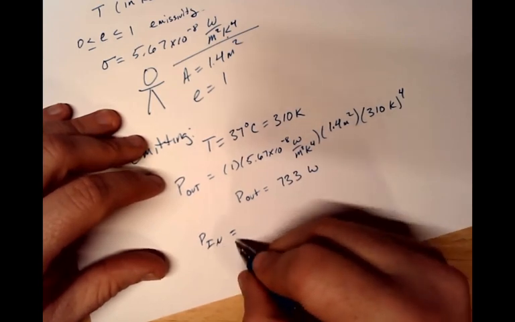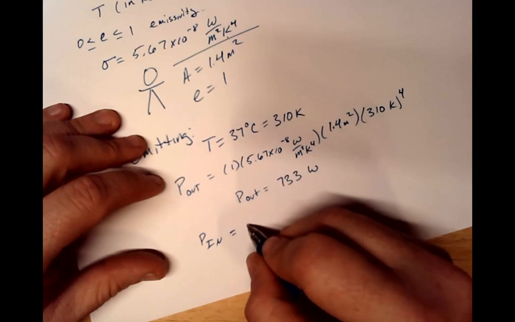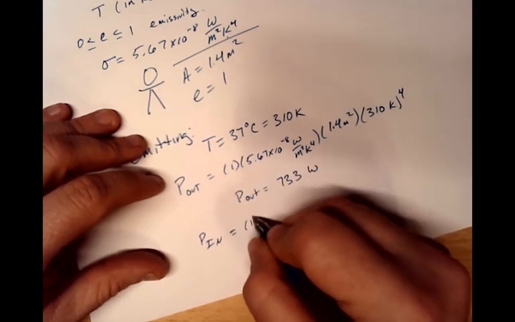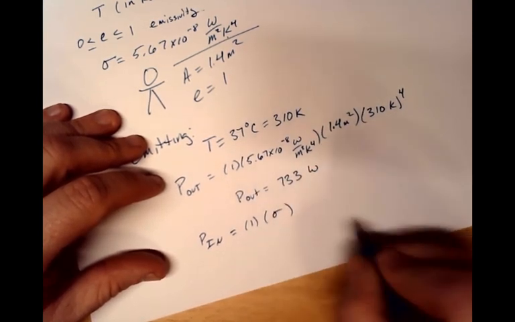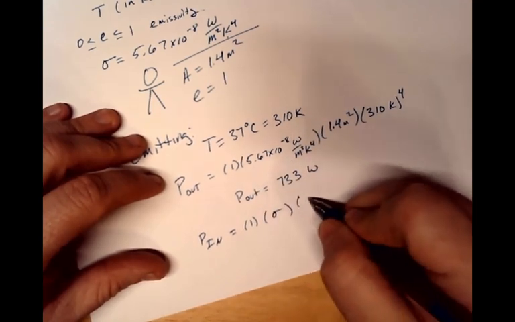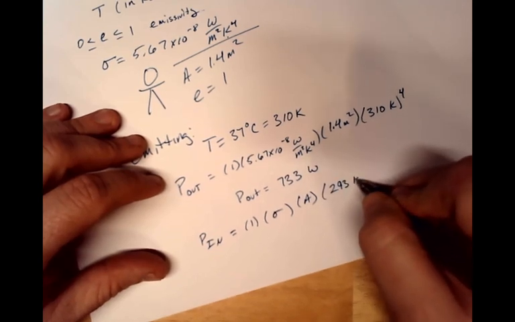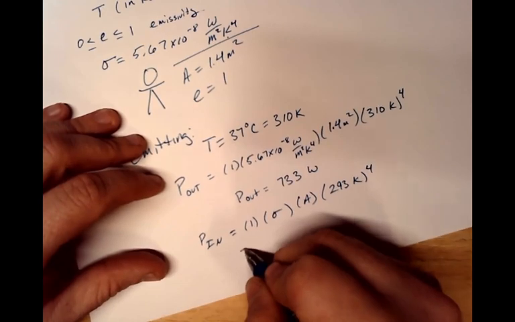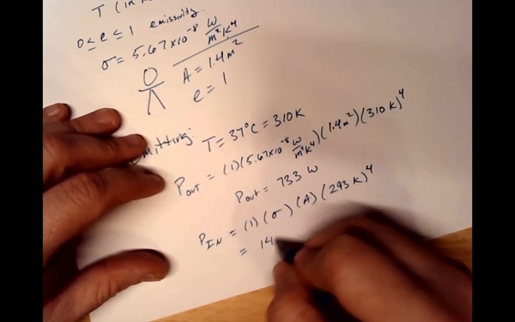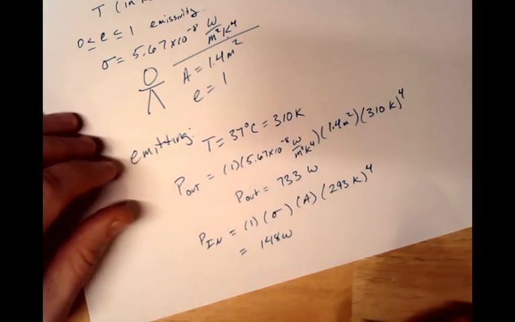Well, the power that comes in is going to be based on the same calculation. I'm just going to write sigma instead of this long number, and the area, and then 293 Kelvin to the fourth. This ends up being 148 watts.